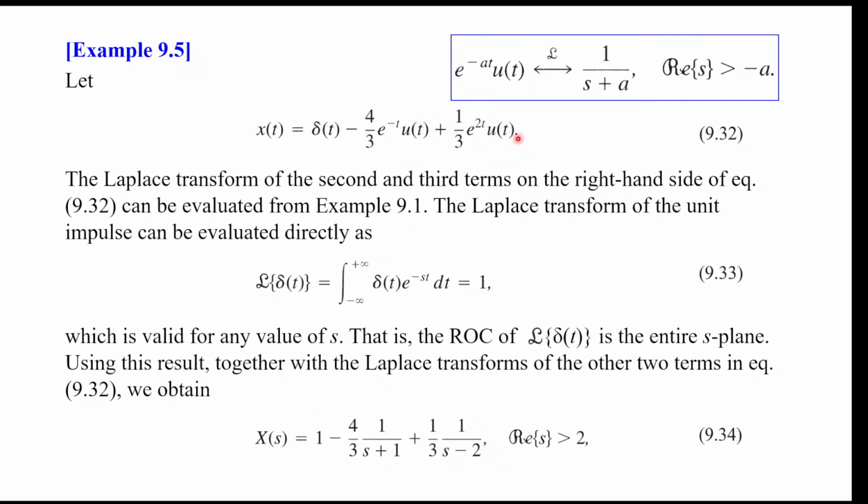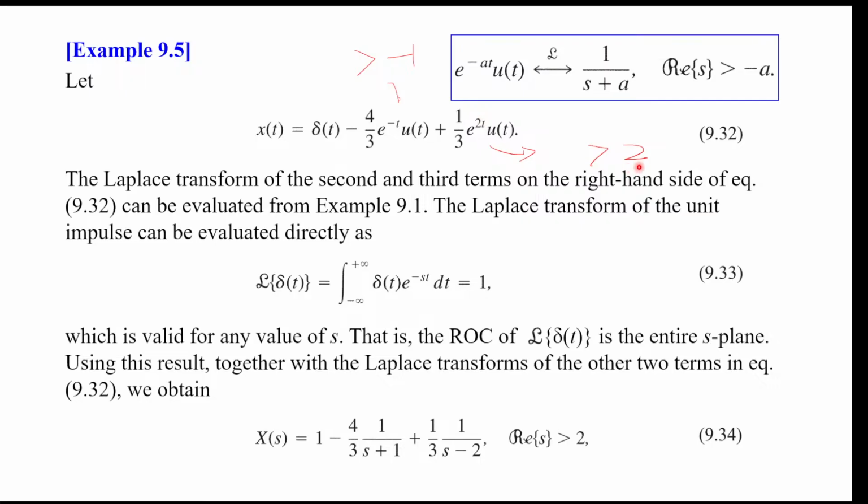They have different ROCs. The first part, e to the minus t, has ROC real part of s greater than or equal to minus 1, since a equals 1 here. The other has ROC real part of s greater than or equal to 2, because a equals minus 2 here.